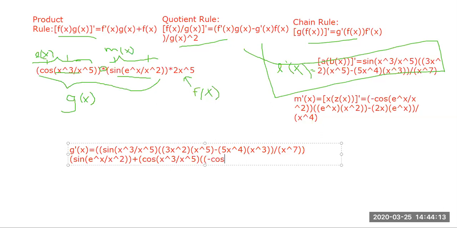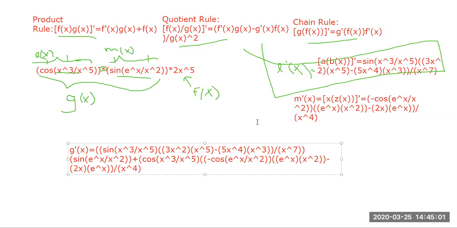So negative cosine to the e to the x divided by x to the squared times e to the x times x squared minus 2x times e to the x divided by x to the fourth.